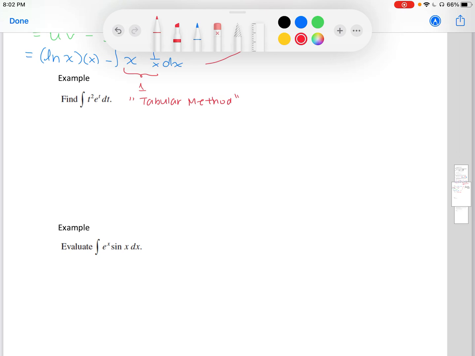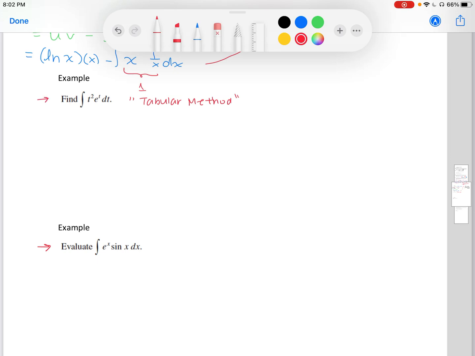But the only problem is you might be in a situation where you go in a never-ending circle of integrals and derivatives where it never ends. And for such problems, you can just go back and use the formula, like we'll see here. This one is a very bad tabular method problem because you'll just go in circles and never finish.